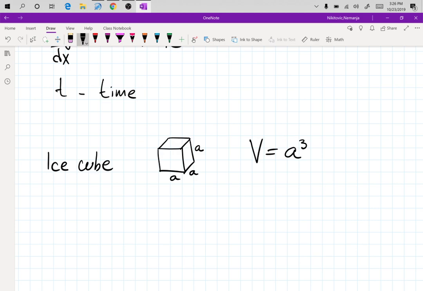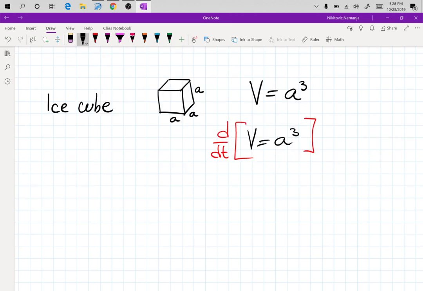Now, what can we measure? Well, if I have a volume equation, I can take the derivative with respect to time, and this is where our implicit derivatives kick in, because I have to take the derivative of V with respect to t and the derivative of a with respect to t. Remember, V is volume, and the volume is changing because the ice cube has less water there, and the length of the side, the edge, is also decreasing because the ice cube is getting smaller.